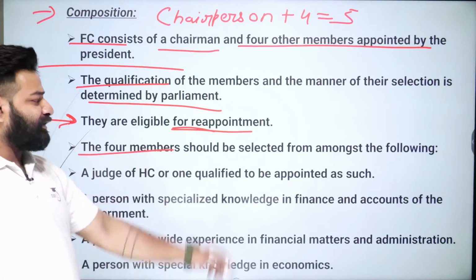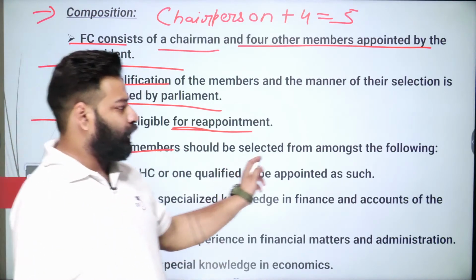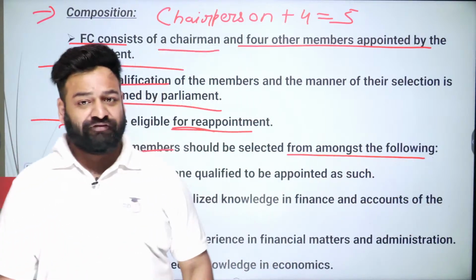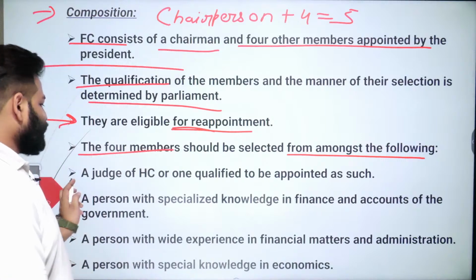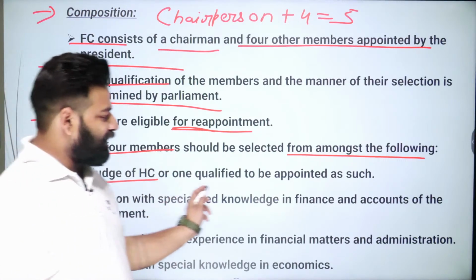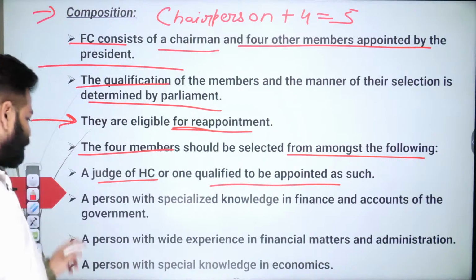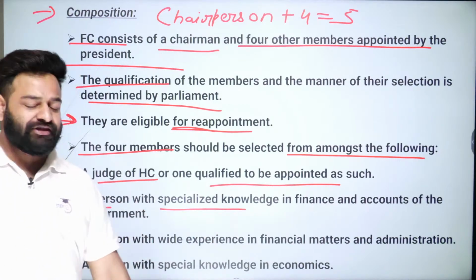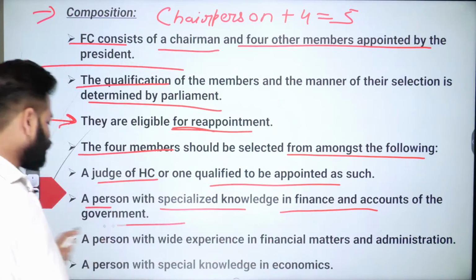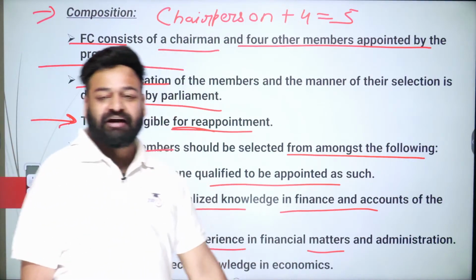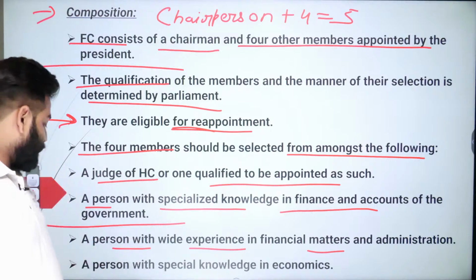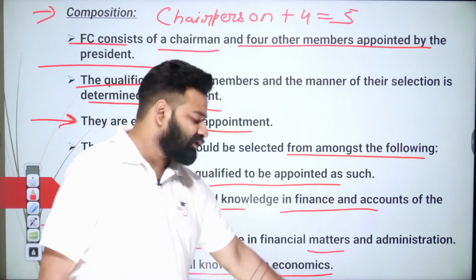Next, the 4 members should be selected from amongst the following. The qualification of the 4 members as presently prescribed by the Parliament. First, a judge of a high court or one who is qualified to be appointed. Second, a person with specialized knowledge in the field of finance and accounts of the government. Third, a person with experience in financial matters and administration. And fourth and the last, a person with special knowledge in economics.